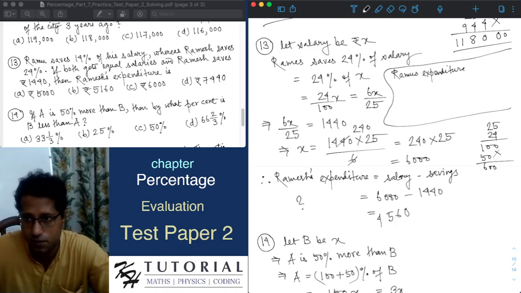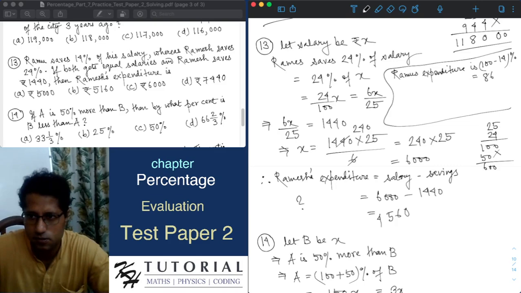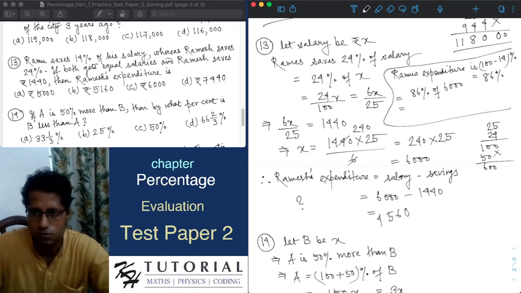So definitely Ramu's expenditure is 100 minus 14 percent. This is 86 percent of his salary. This will be equal to 86% of the salary. Salary we have already found out to be 6,000.